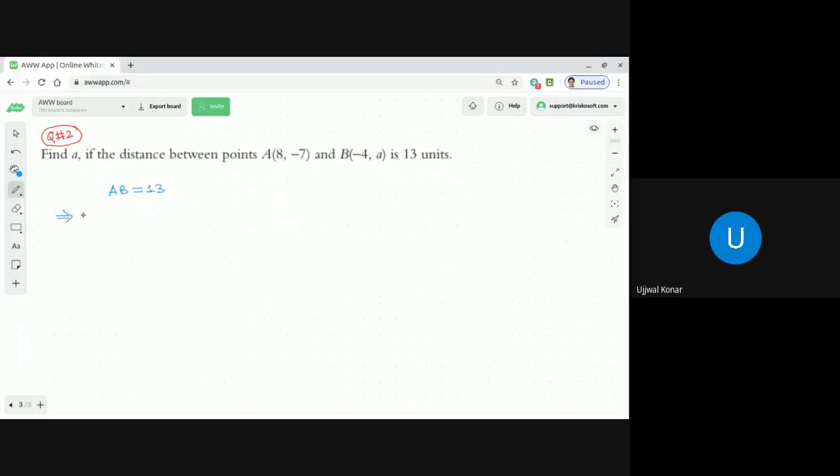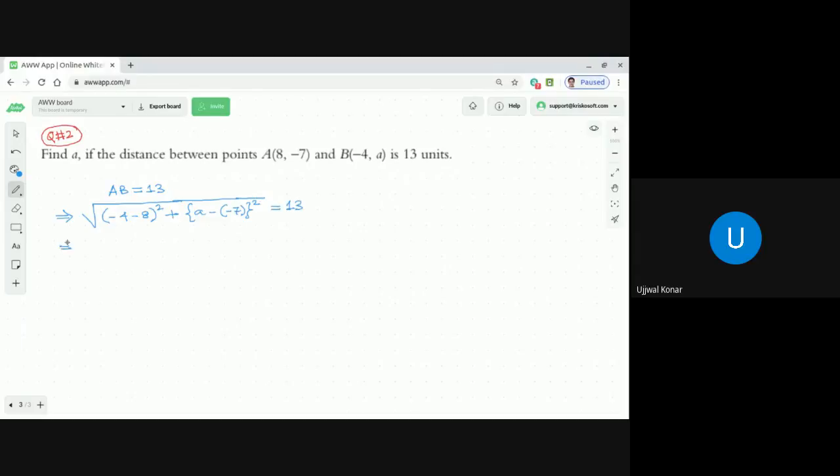AB is equal to square root of (-4 minus 8) whole square, correct or not? Plus (a minus -7) whole square. That is equal to 13.